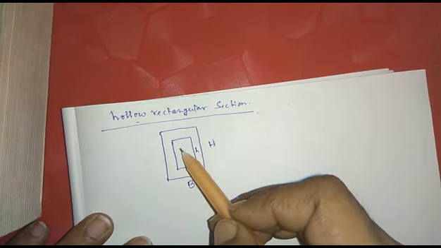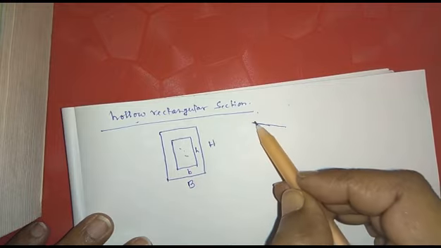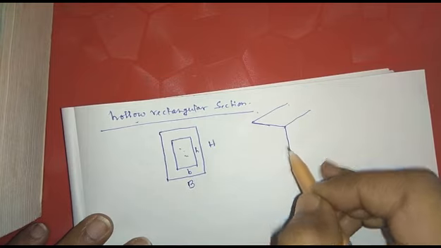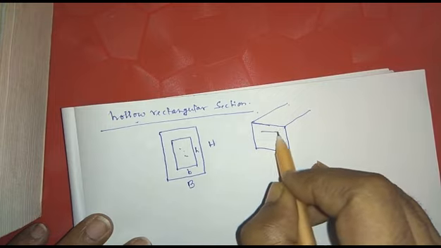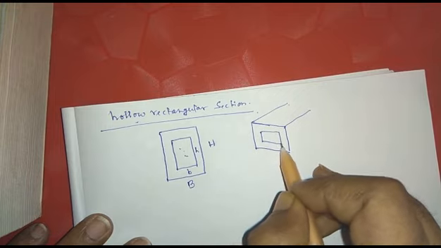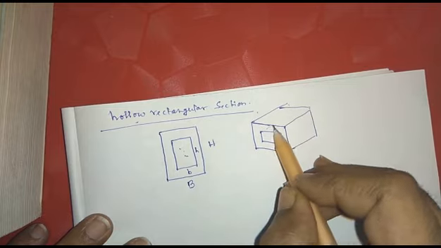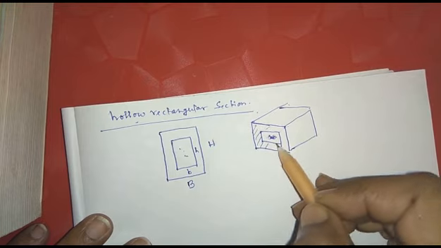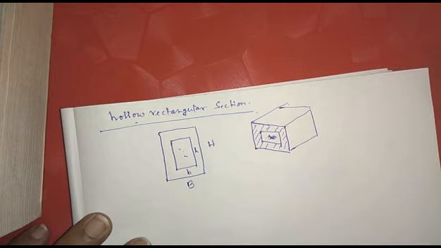So this portion is hollow. It looks like this one in a three-dimensional manner. Okay, this portion is hollow. Nothing is there. So this is the portion of area which is withstanding the stresses.